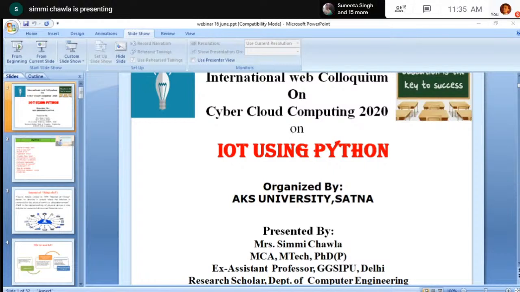So here are the top companies for IoT career opportunities: Cisco, Apple, IBM, Oracle, Google.